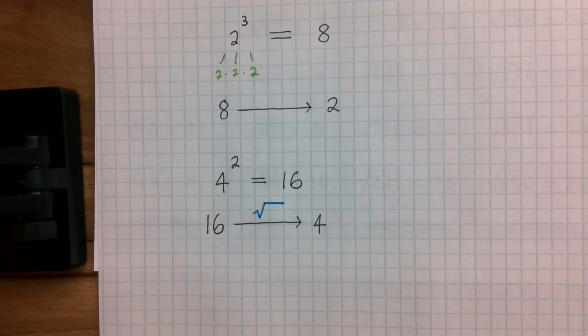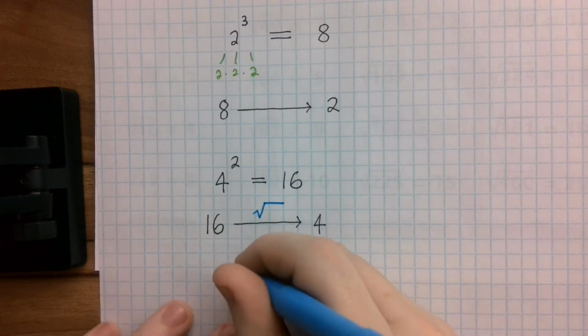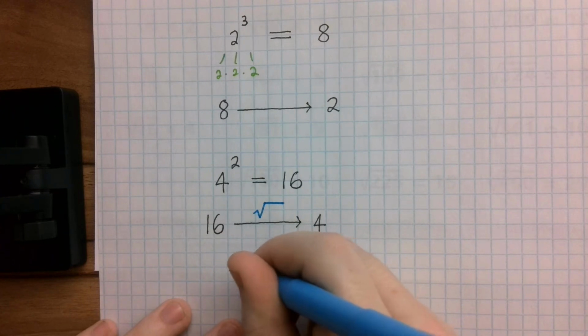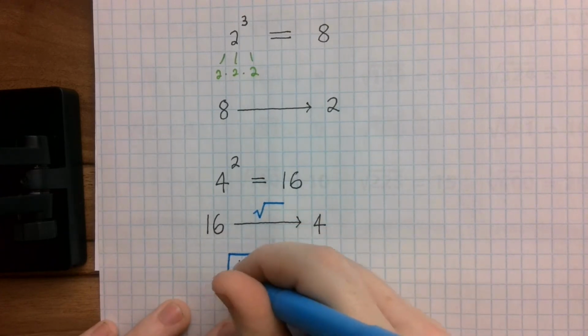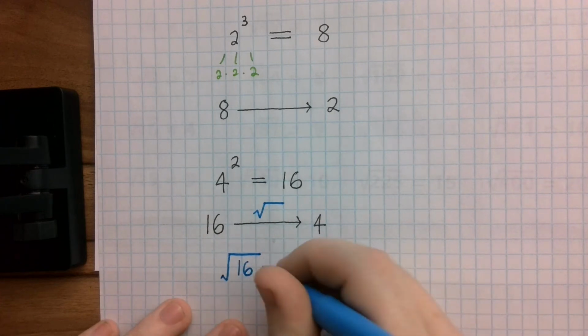Now, many people have been exposed to the square root in the past. They're sort of familiar with it, maybe not completely well versed in it, but you know what it is. You may know that the square root symbol kind of goes around your bigger number, like this, and it gets you to the smaller one.